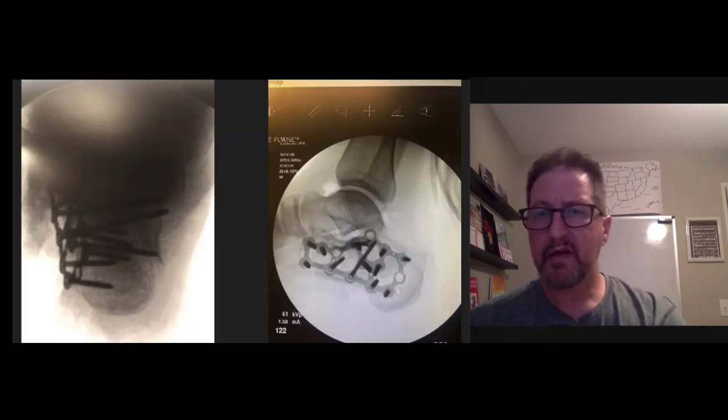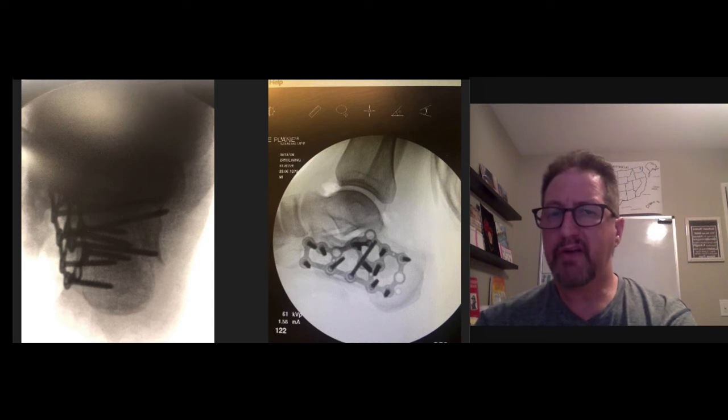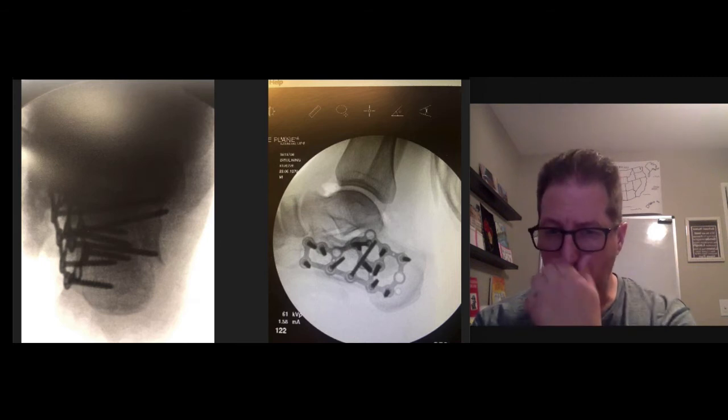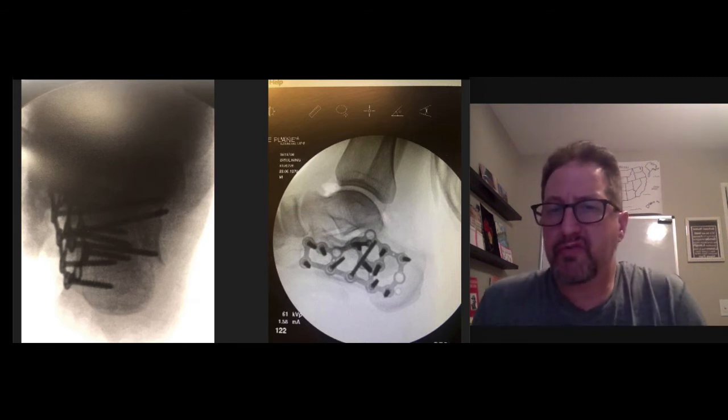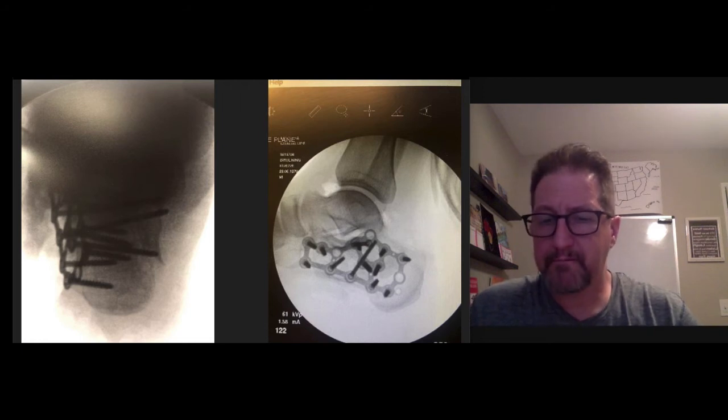Now, on an entirely different case, I want you to take a look and see, evaluating the reduction and the fixation. It's important to know that with calcaneal fractures, the outcomes tend to be better with as precise an anatomic reduction as you can get.